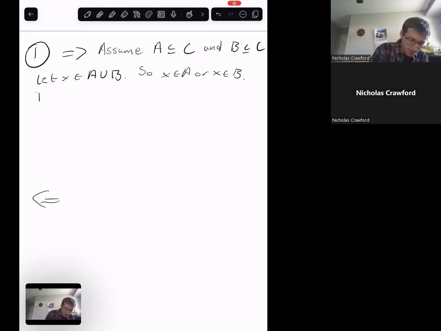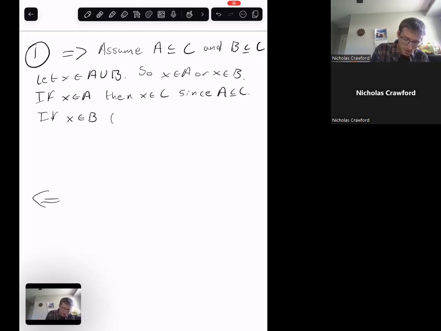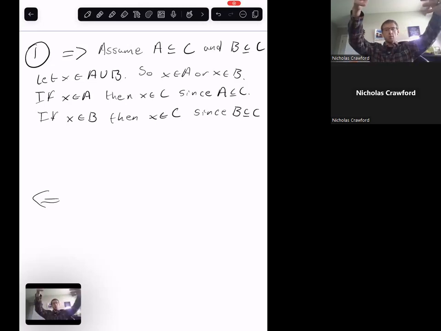There are 2 choices: it could be in A or B. Let's see what happens if it's in A. If X is in A, then X is also in C, since A is a subset of C. If X is in B, then X is also in C, since B is a subset of C. So I assumed what I was supposed to, I wrote the definition down, and then I started using my tools.